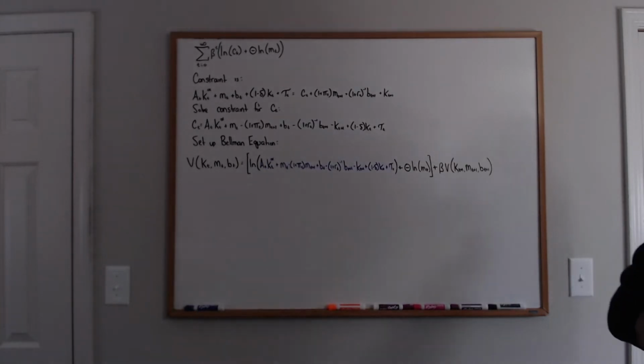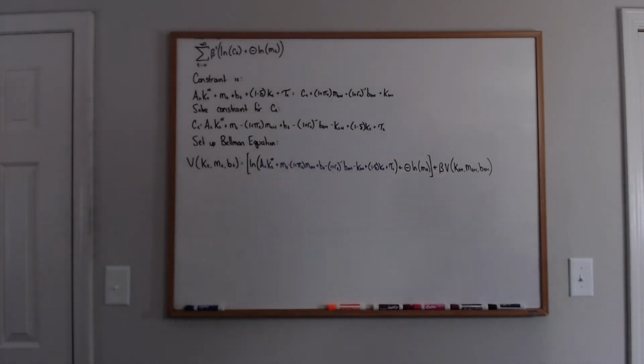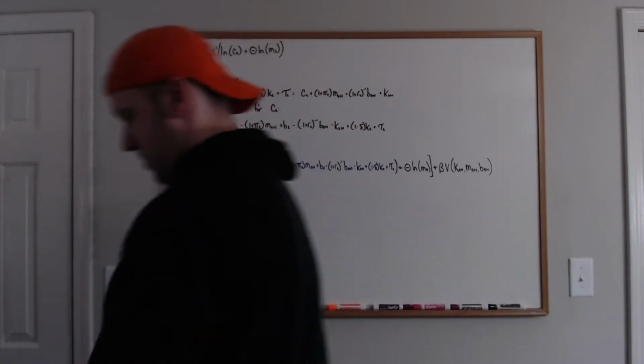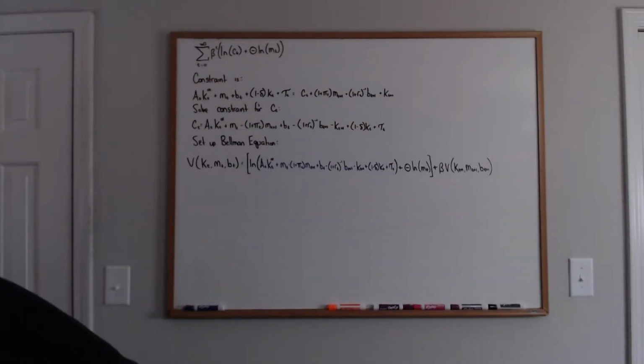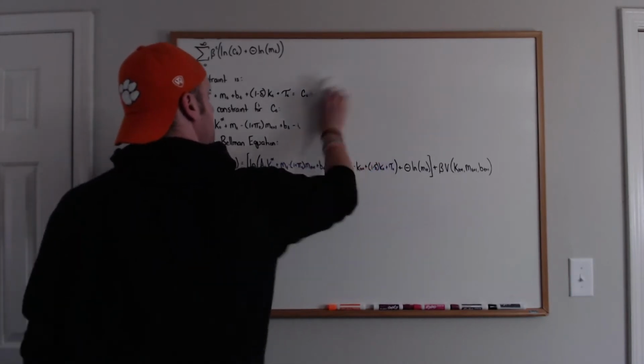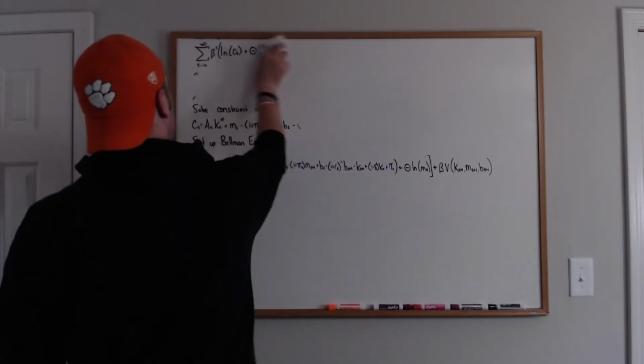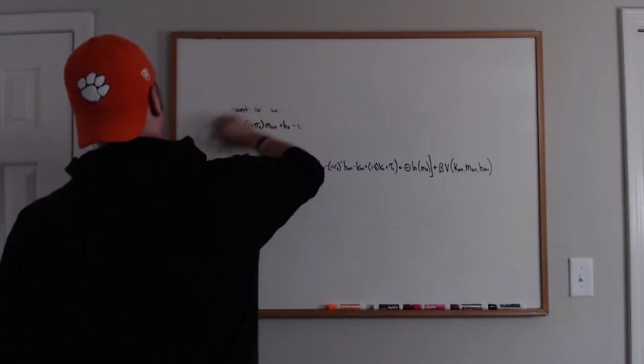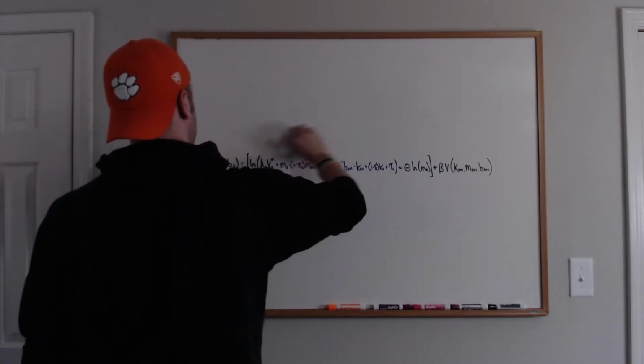So, now that we have this, what we need to do is we need to get some derivatives. So in fact, what I'm going to do, I'm going to erase all this stuff, and I am going to rewrite this Bellman equation up top.